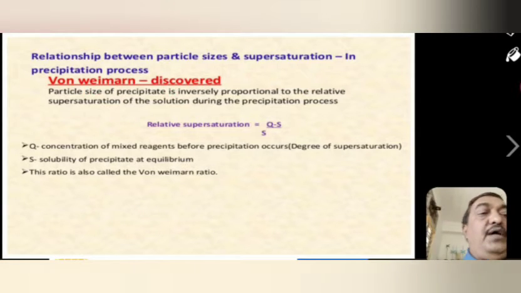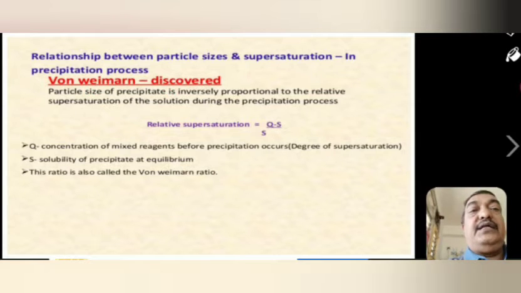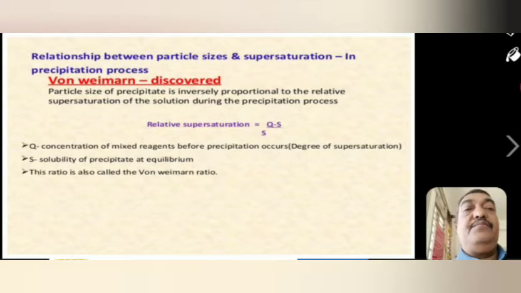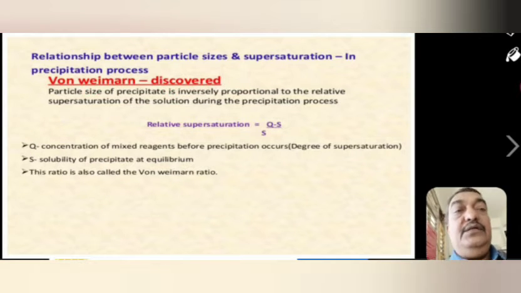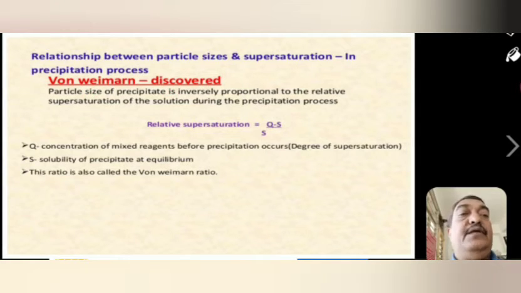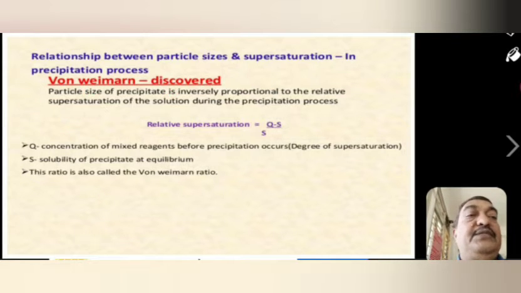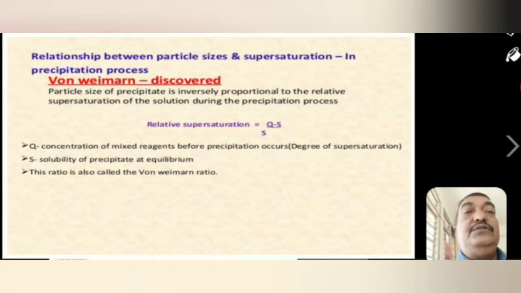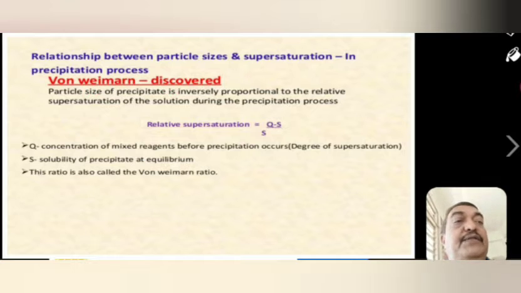Now for this reason we have to see one of the important factors, that is the relation between particle size and supersaturation in the precipitation process. Here the term is the Von Weimarn equation. Von Weimarn discovered that relation, which we have already noted: relative supersaturation is equal to Q minus S divided by S. In some examinations they may ask for 2 marks: write the Von Weimarn equation for formation of a precipitate and explain the terms involved in it.